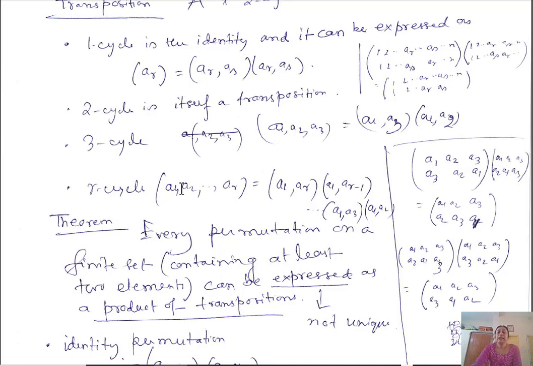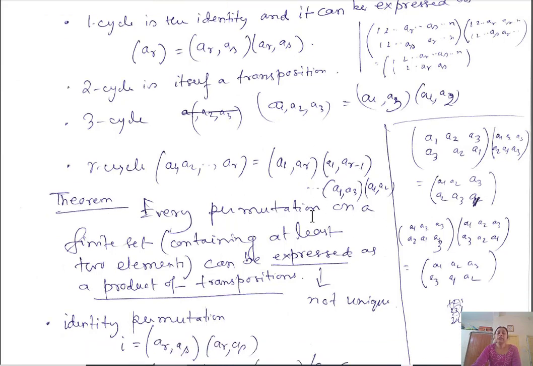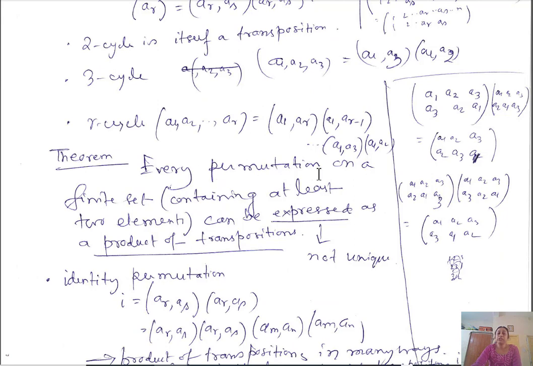Any r cycle can be decomposed into a product of transpositions. This can be proved also. Every permutation on a finite set consisting of at least 2 elements can be expressed as a product of transpositions.